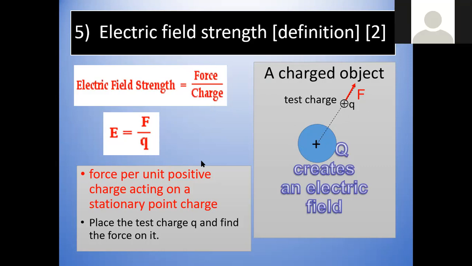It doesn't matter what type of charge contributes to the field. We are interested in measuring the field. So we put a test charge there. Find the force on the test charge, and the force divided by the size of the test charge is the magnitude of the field. That's all.